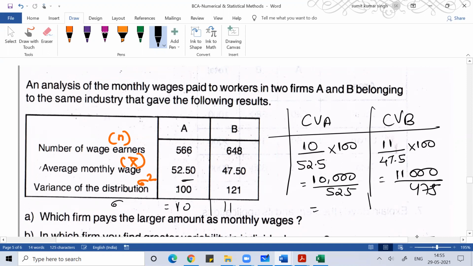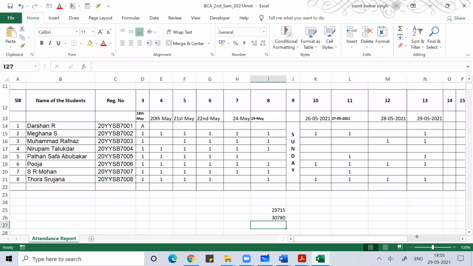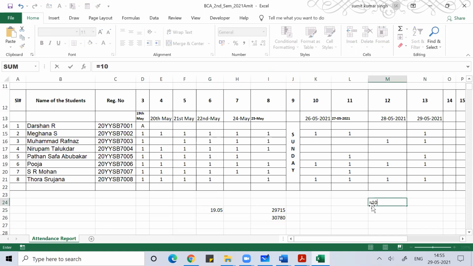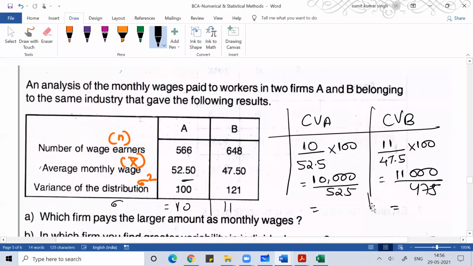See which value is giving you more. 10,000 divided by 525 gives you 19.04. So the coefficient of variation of firm A is 19.04%.